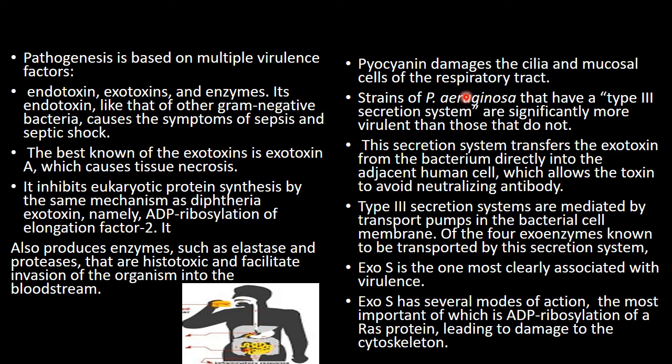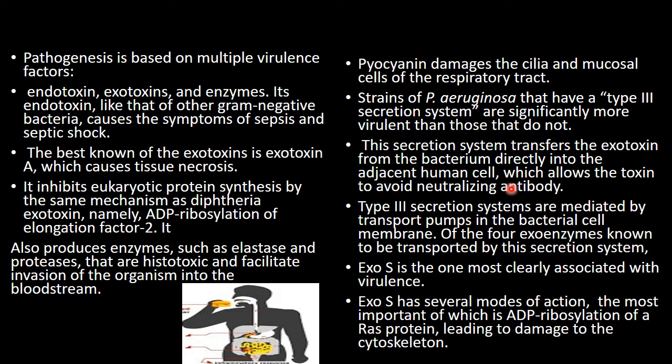This organism has a very important system called the type 3 secretion system. You know that the type 3 secretion system has the ability to transfer exotoxin from the bacterium directly into the adjacent human cell, which allows the toxin to avoid neutralizing antibody.